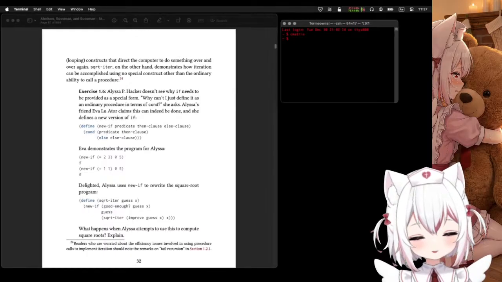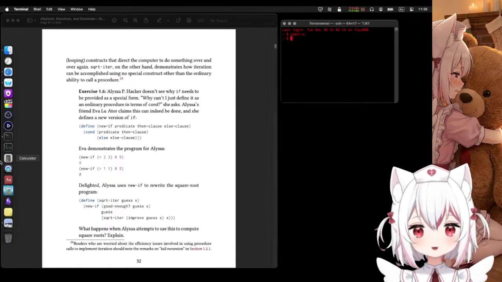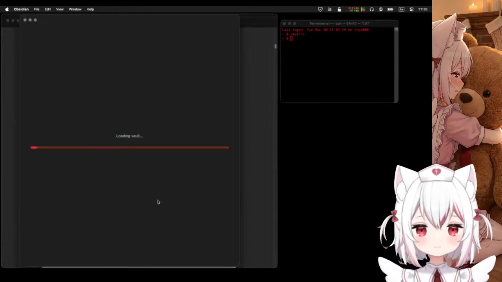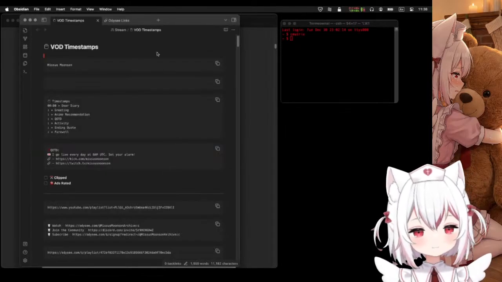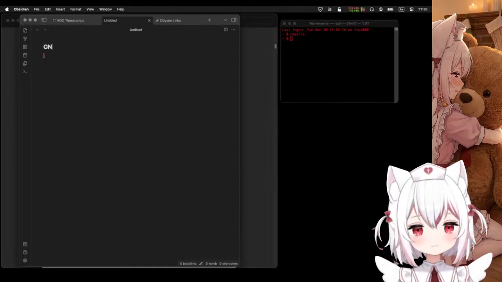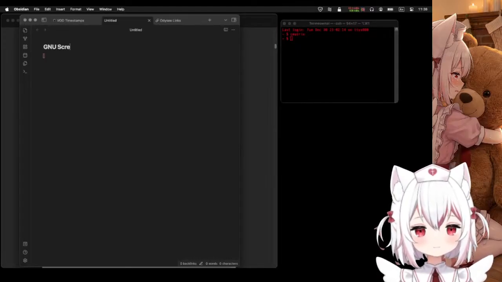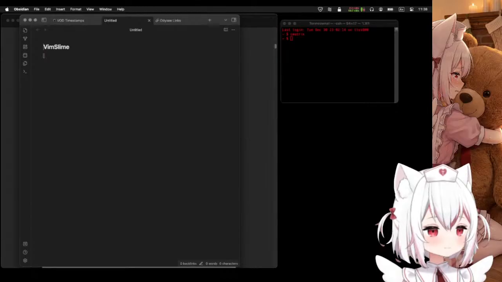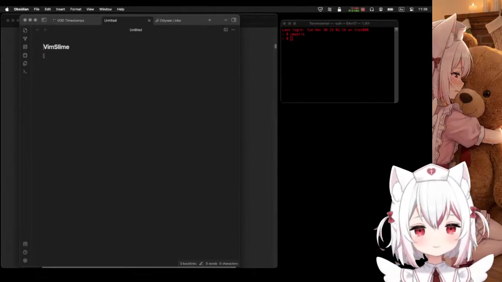Let's see if I remember how to do this. I should probably write it down too. Deep dreamless.